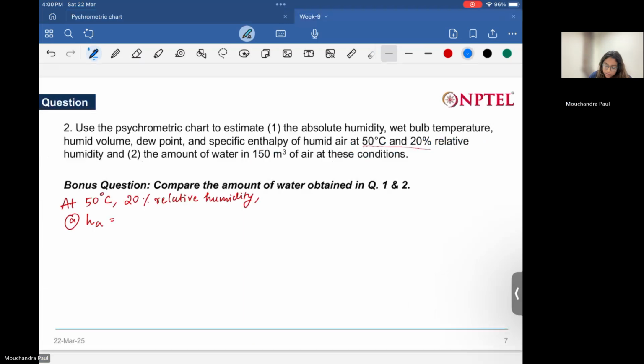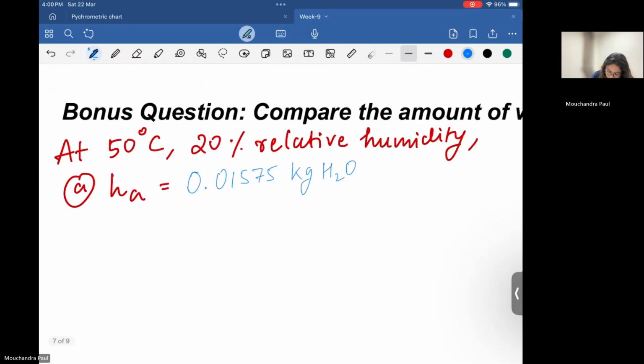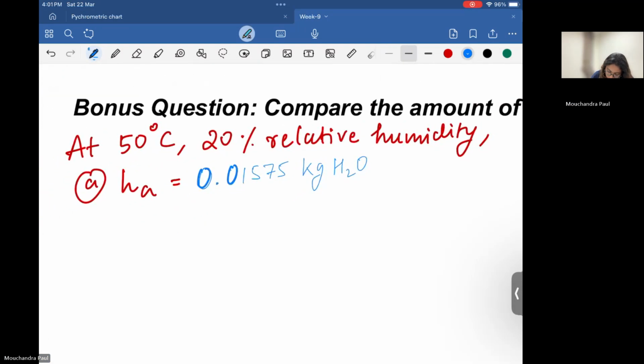Okay, so 0.01575 kg water per kg dry air.